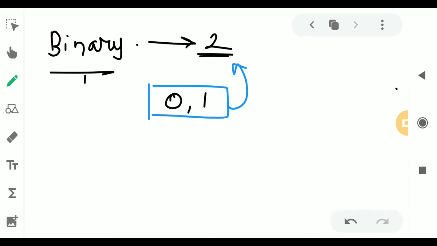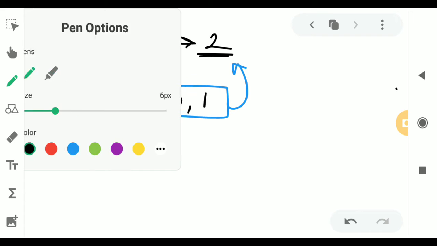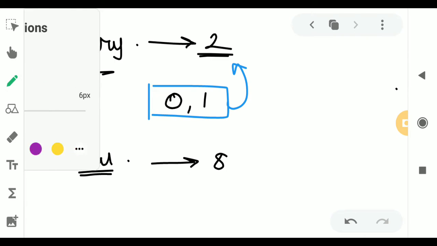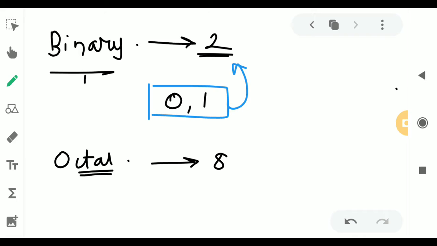Okay. What about octal? As the name suggests, oct is 8. So it simply means that the base of octal number system is 8. Now which are those 8 digits in the octal number system? 0, 1, 2, 3, 4, 5, 6, 7.